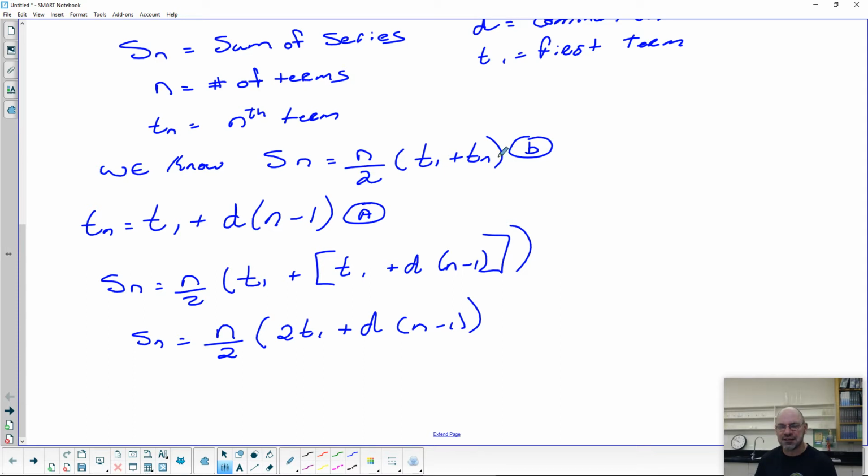If we have the last term or nth term, the first term and the number of terms, we can use this formula. If we have the number of terms, the first term and the common difference rather than the last term, we could use this formula. So let's summarize that in the next page here.